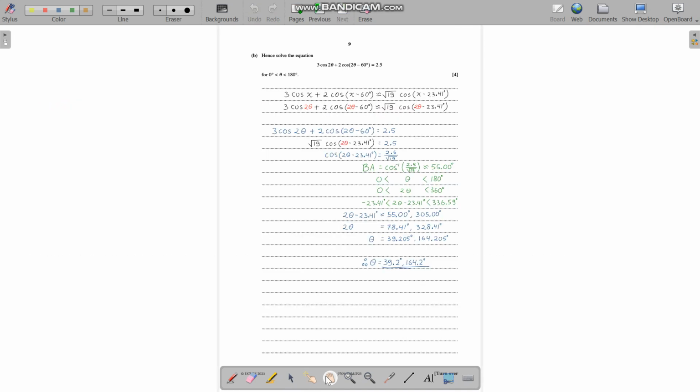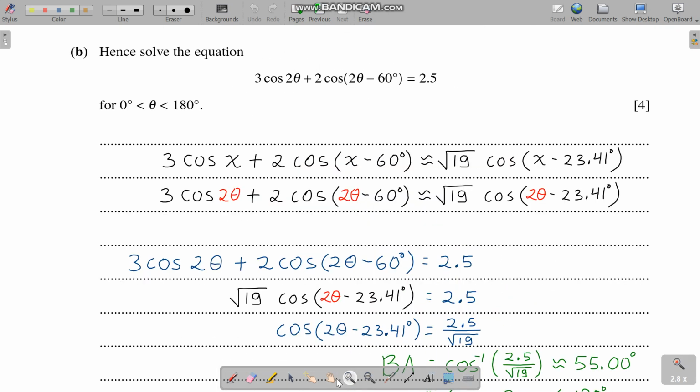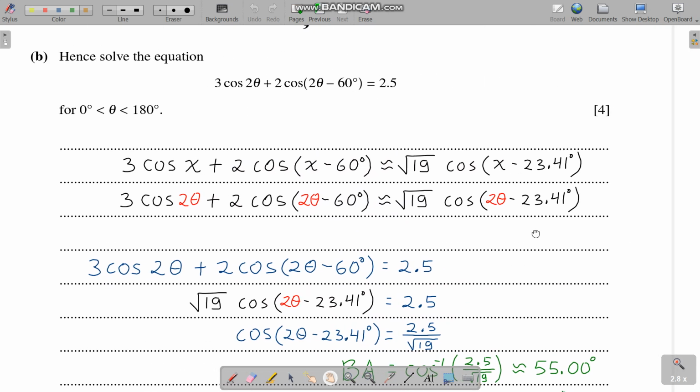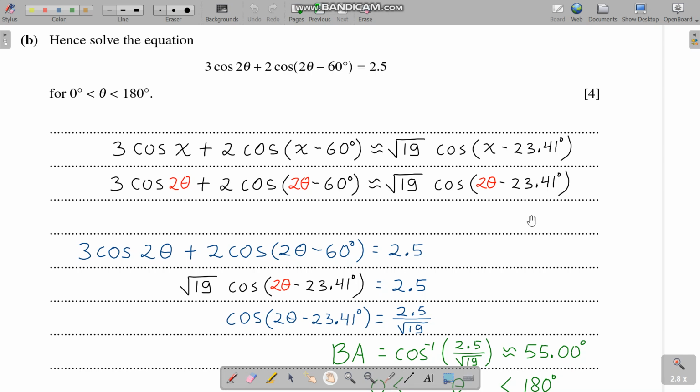The next part: hence solve the equation 3 cos 2 theta plus 2 cos(2 theta minus 60 degrees) equals 2.5. So first of all, we have this from the previous part. If you compare it with this here, it's using 2 theta, not x, not theta, but 2 theta. So since we have to modify a little here, of course we have to use 2 theta instead of x.